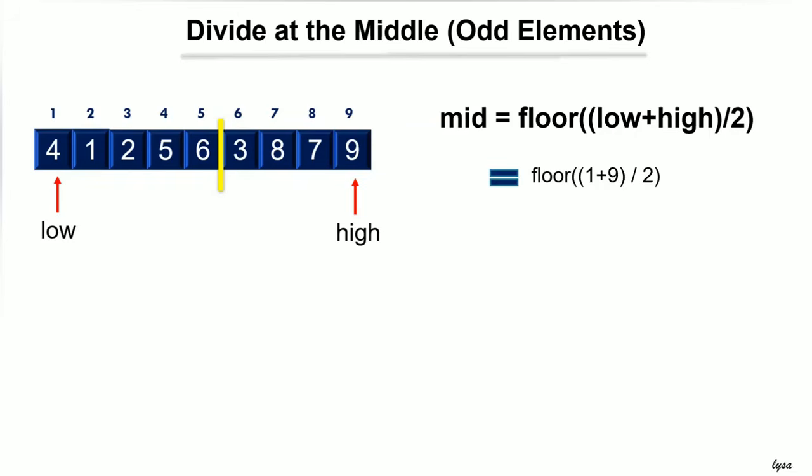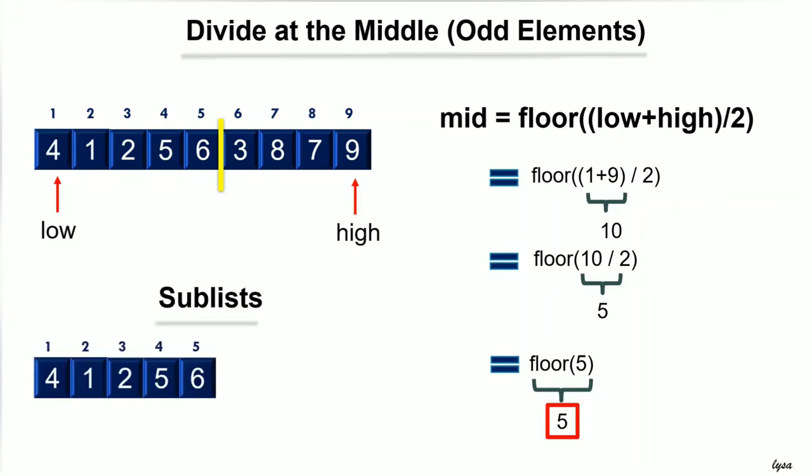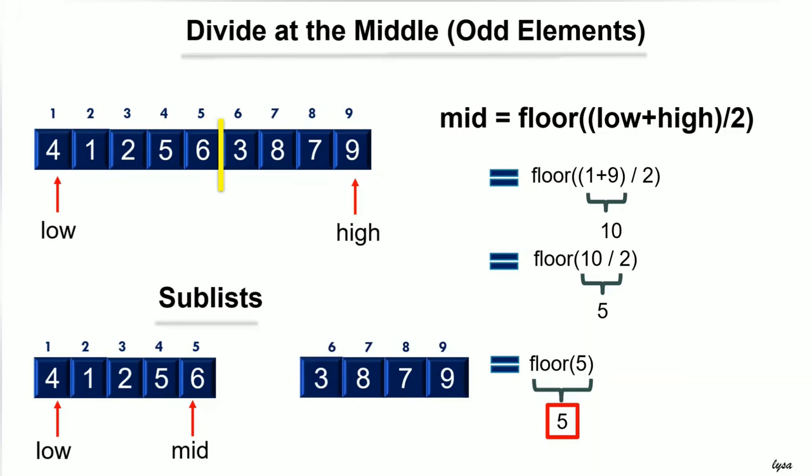Now the mid value will be nothing but floor of 1 plus 9 by 2, which is floor of 10 by 2, or the floor of 5, which is 5. The mid value is 5. Now the sublists that are formed are from low to mid, which is from 1 to 5 is the left sublist, and from 6 to 9, that is from mid plus 1 to high, I have the second sublist.